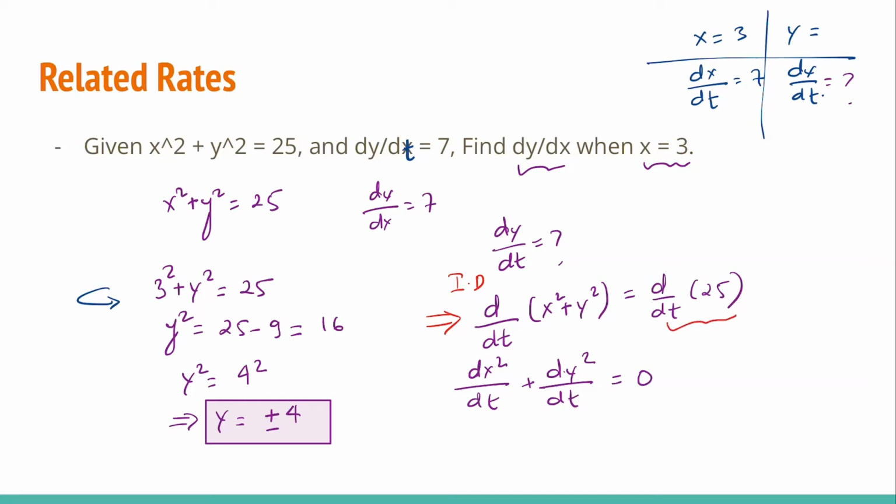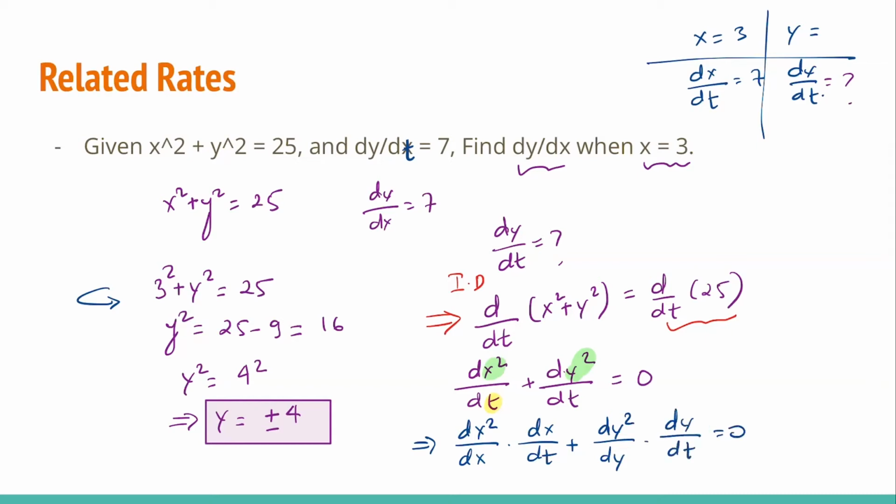Then notice that the denominator is with respect to time, the numerator is x squared, right? So that means we have to apply our knowledge from the chain rule to find the derivative. So that will be equal to dx squared over dx times dx over dt plus dy squared over dy times dy over dt equals 0.